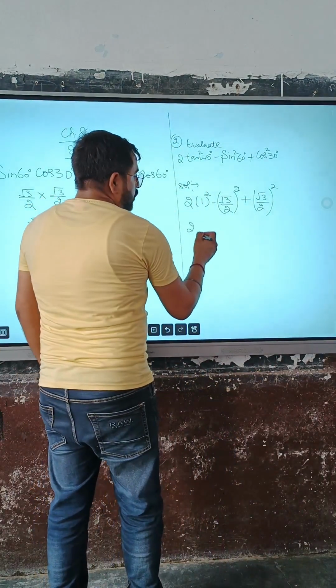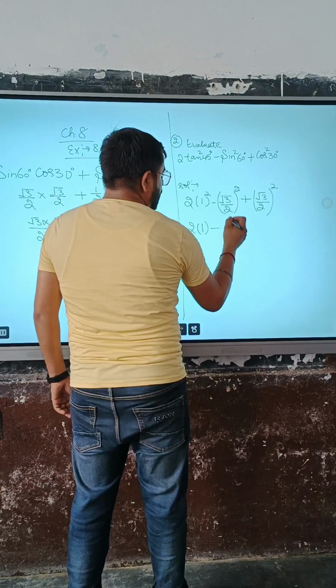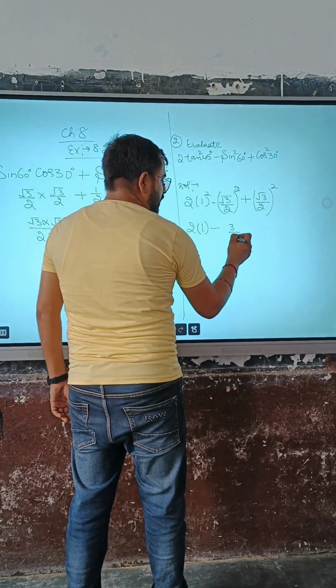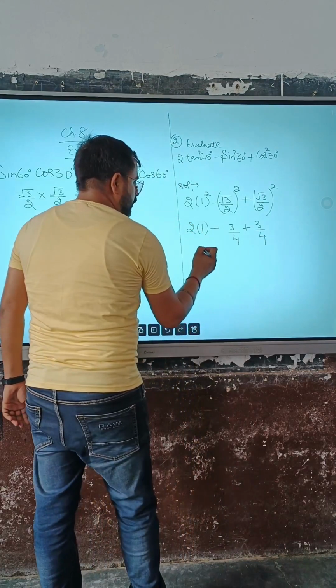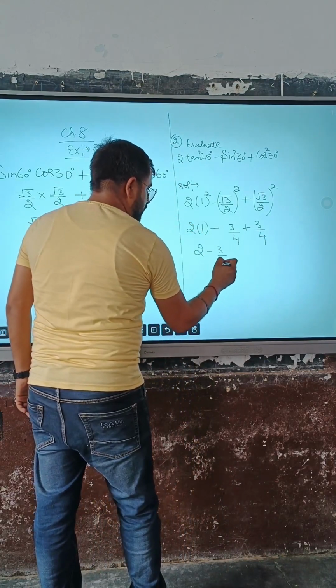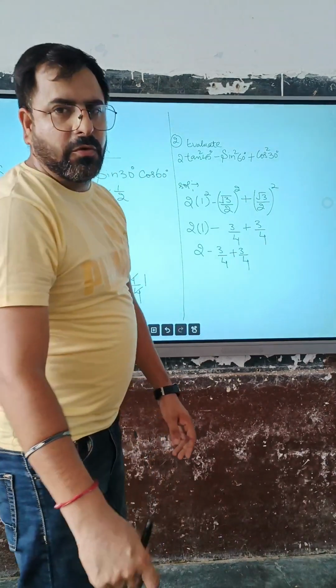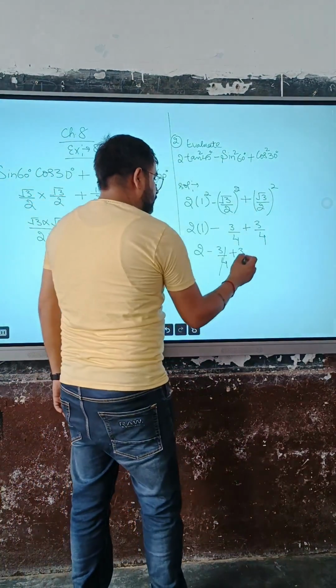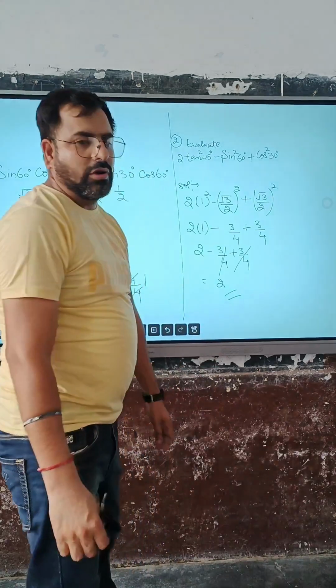So 2 into 1 squared is 2, root 3 squared is 3 and 2 squared is 4, so minus 3 by 4 plus 3 by 4. Here the 3 by 4 have opposite signs, so they cancel each other. So the answer is 2.